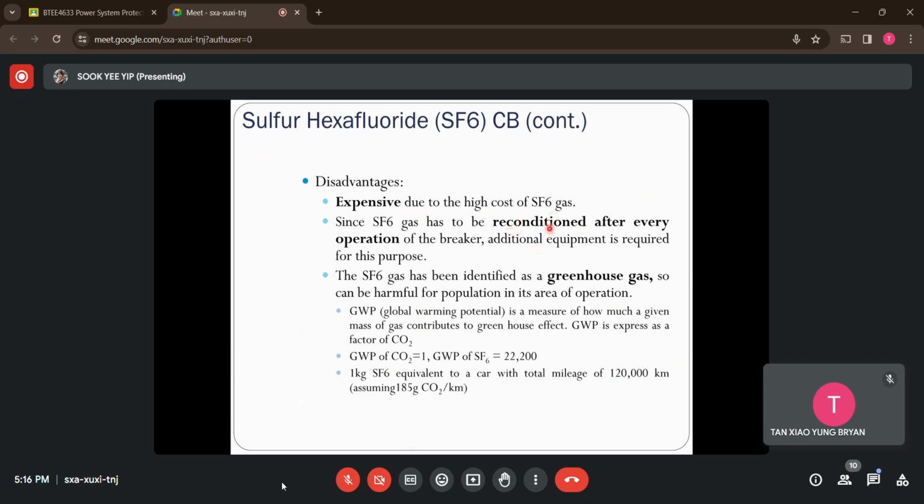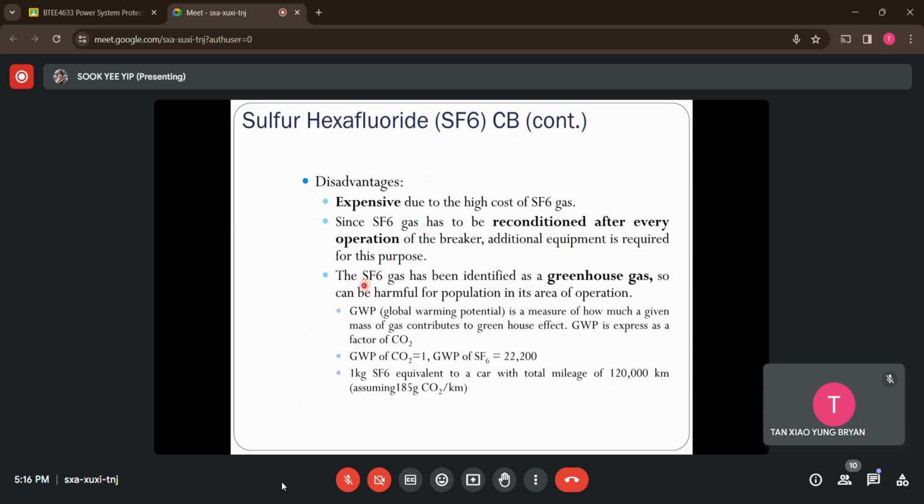So in such a case, we need equipment for this. This makes the SF6 gas breakers even more expensive whenever we want to use them for protection purposes. So overall, we can say this is an expensive choice for circuit breakers.